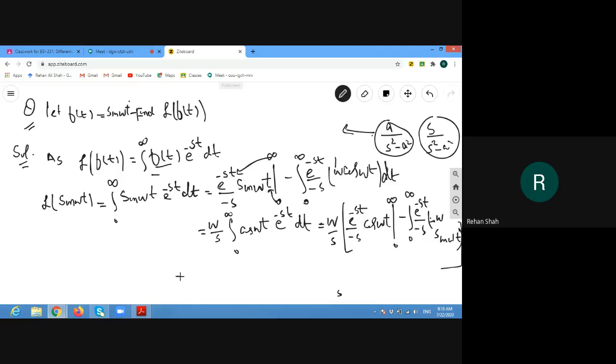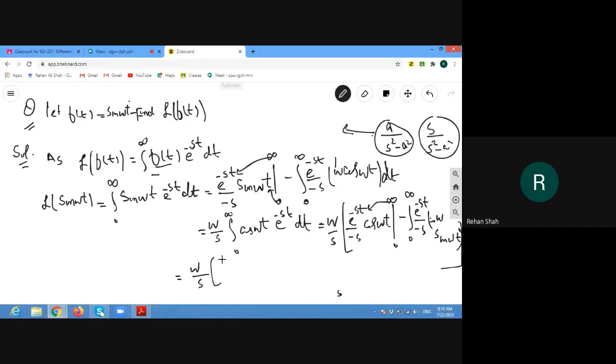So if you put infinity, this will give you 0. If you put 0, cos 0 will become 1, and e power 0 will become 1. This minus will become plus, so omega by s.